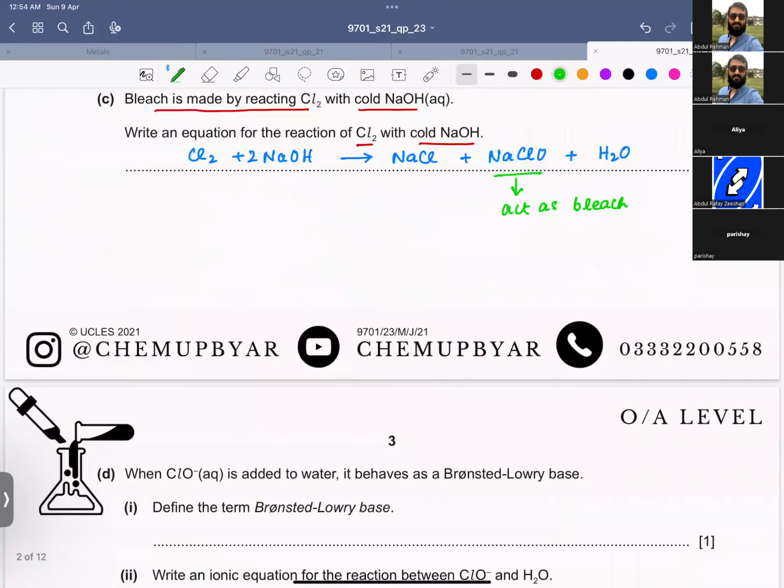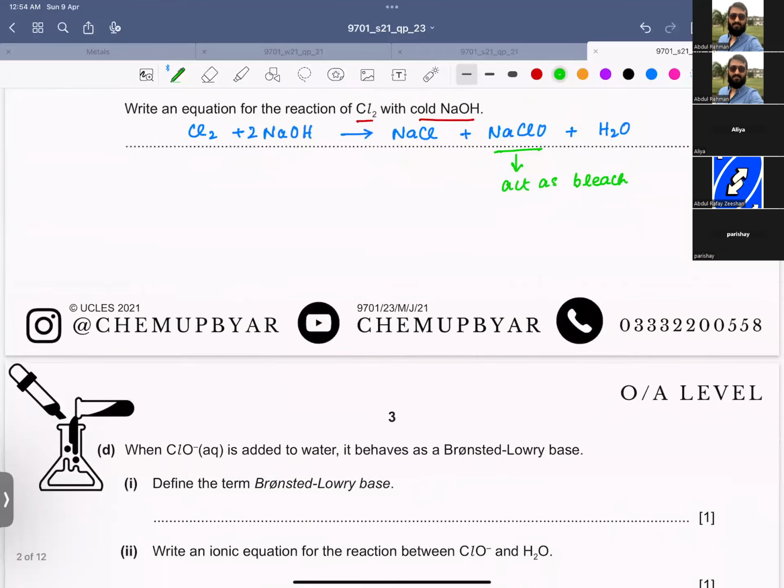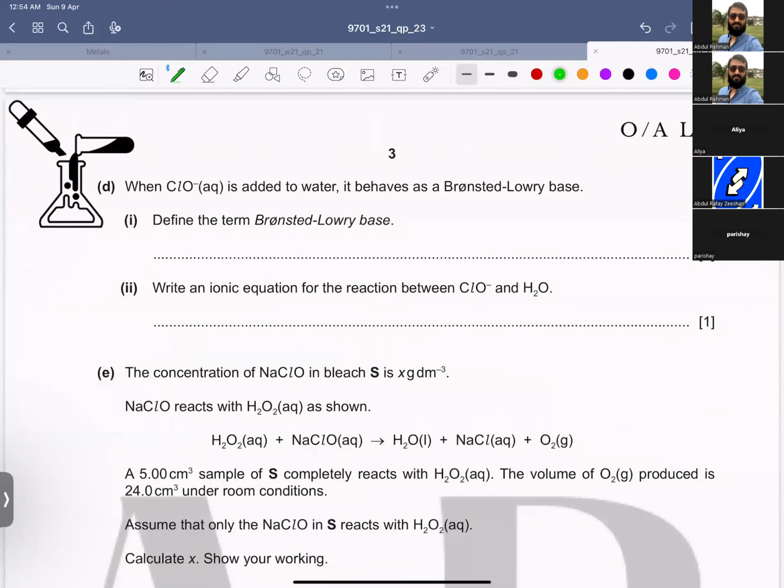Okay, then let's proceed further. When ClO negative aqueous is added to water, it behaves as a Bronsted-Lowry base. So whenever we talk about a Bronsted-Lowry base, we can say it accepts H positive ions. Define the term Bronsted-Lowry base.